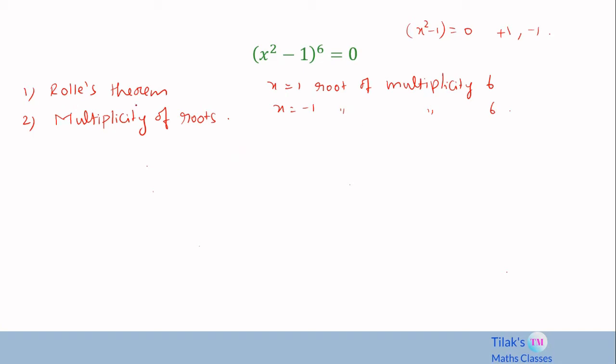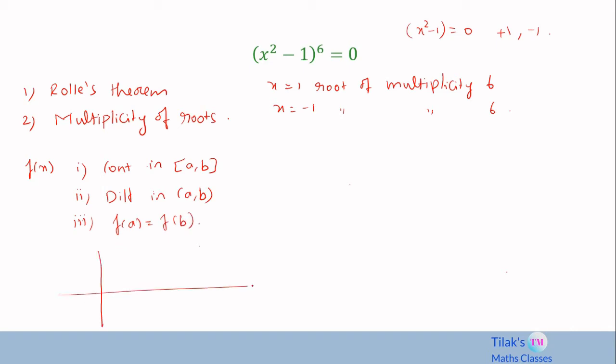Now let us quickly see what is the concept of Rolle's theorem. The statement of Rolle's theorem is: if f(x) is a function which is continuous in a closed interval [a, b] and differentiable in the open interval (a, b) such that f(a) = f(b), then, you can see here I am considering one example.